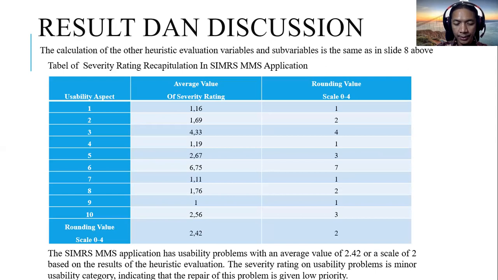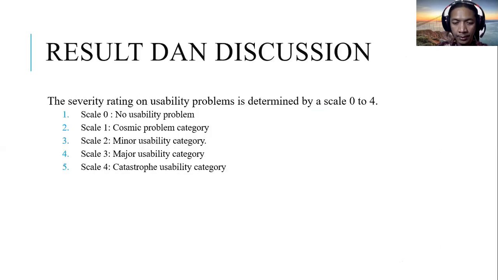And the SIM-RS MMS application has usability problem with an average value 2.42 or scale of 2 based on the result of the heuristic evaluation. The severity rating on usability problem is minor usability category, indicating that the repair of this problem is given low priority. The result of the severity rating on usability problem is determined by a scale 0 to 4.